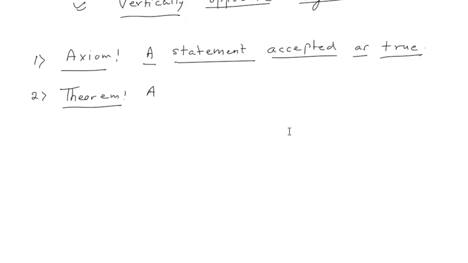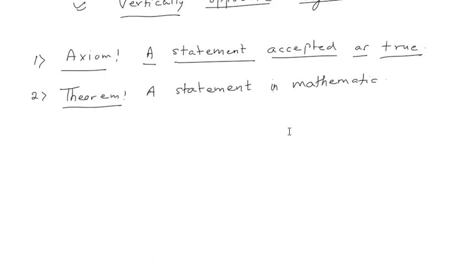So a theorem is a statement in mathematics. Now an axiom is also a statement in mathematics.